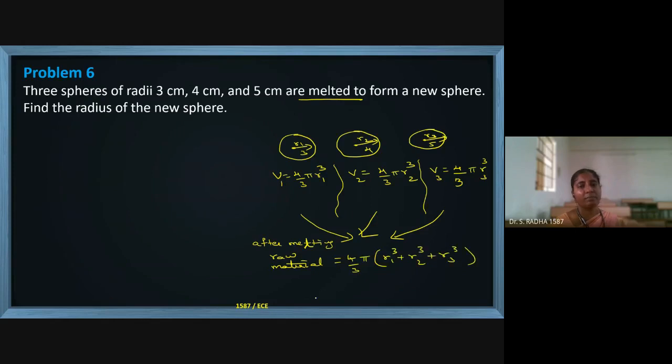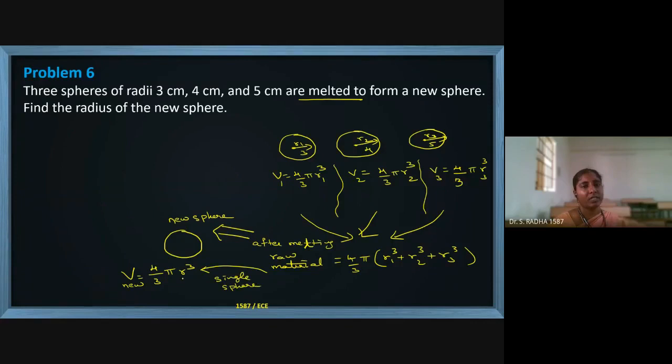Now I want to form a new sphere. Sphere means a ball, and its volume is 4 by 3 pi r cube. This is the raw material available. We are converting it to a single sphere whose volume is 4 by 3 pi r cube.